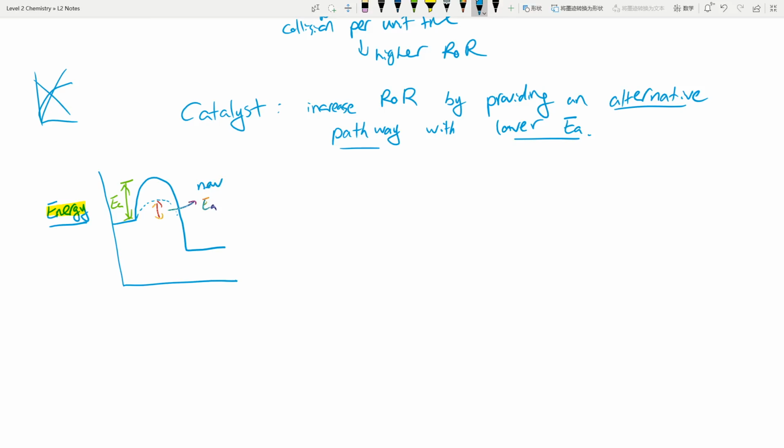So what does a catalyst do? It does that. Therefore, again, this goes back to what we talked about for temperature.